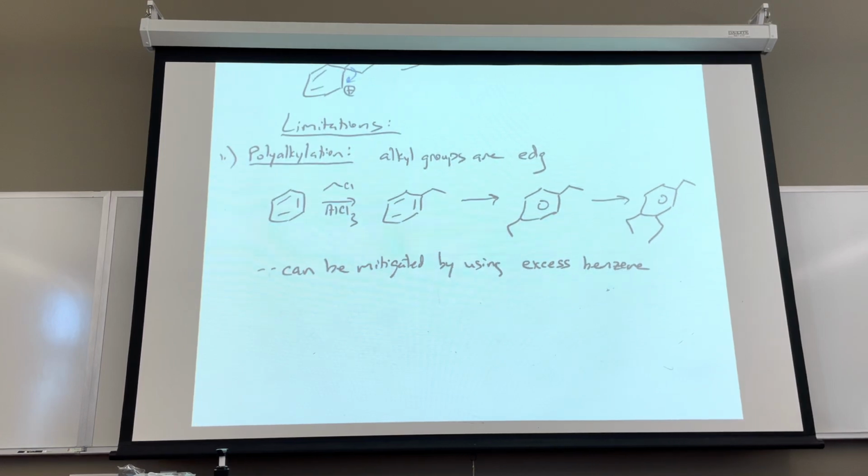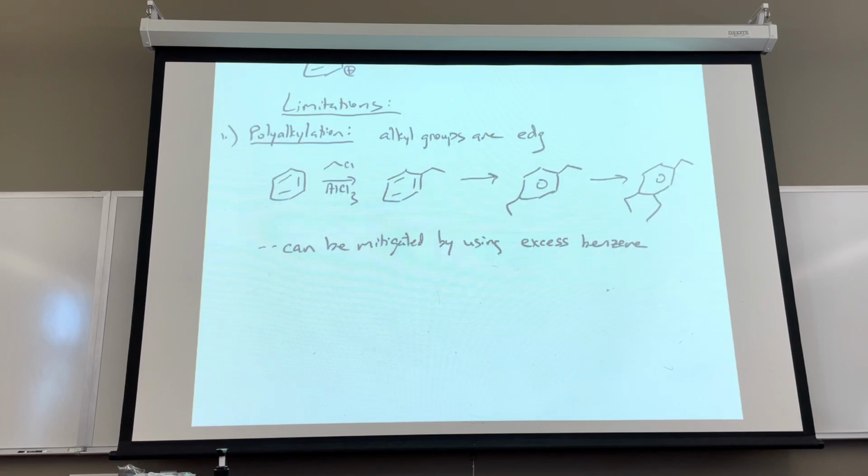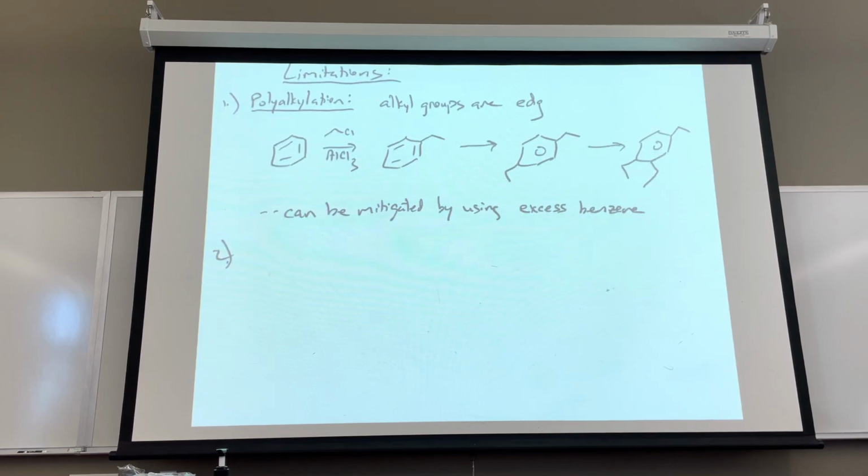Another issue with this. And this goes to the question that was asked a minute ago. Remember what our reactive species is here. We wouldn't really have to worry about anything with the ethyl benzene, but let's say we were trying to make propyl benzene.